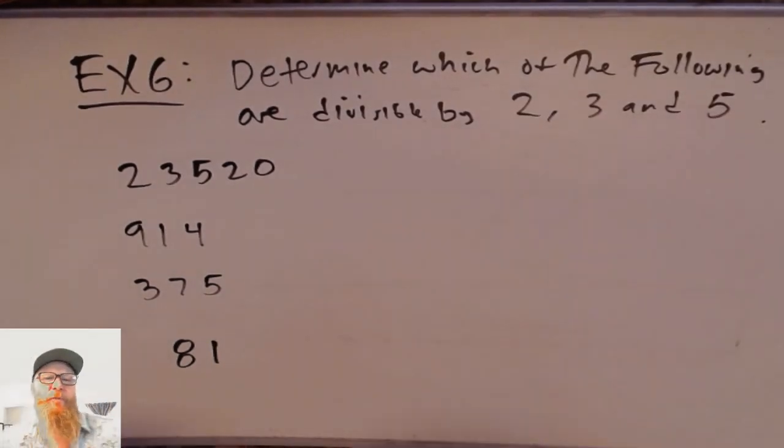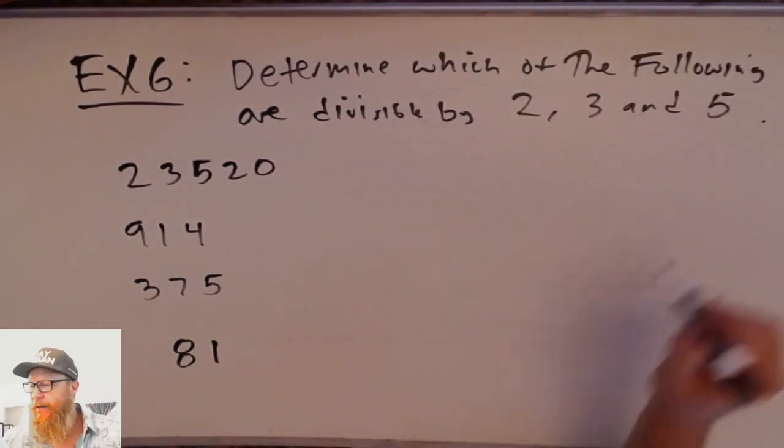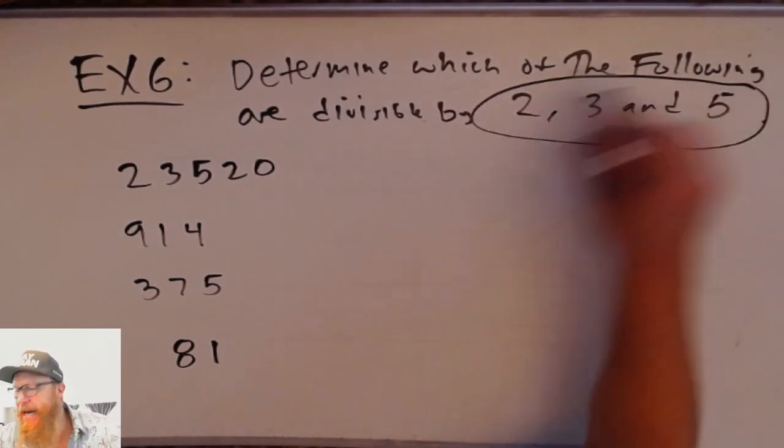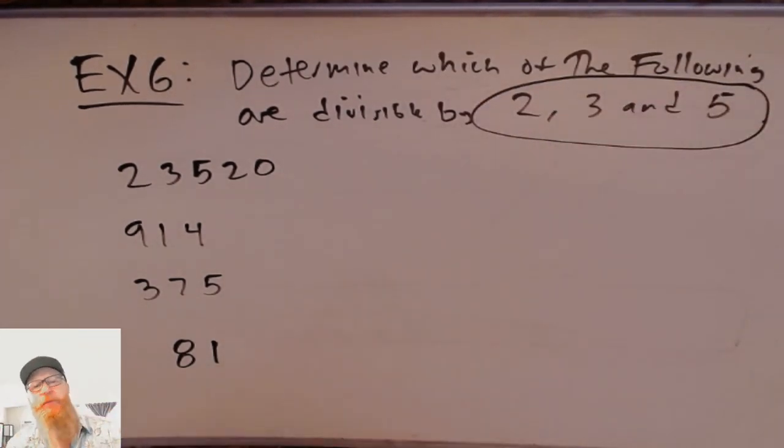I was trying not to duplicate a number there. So 2, 3, and 5 must be divisible by all of them.